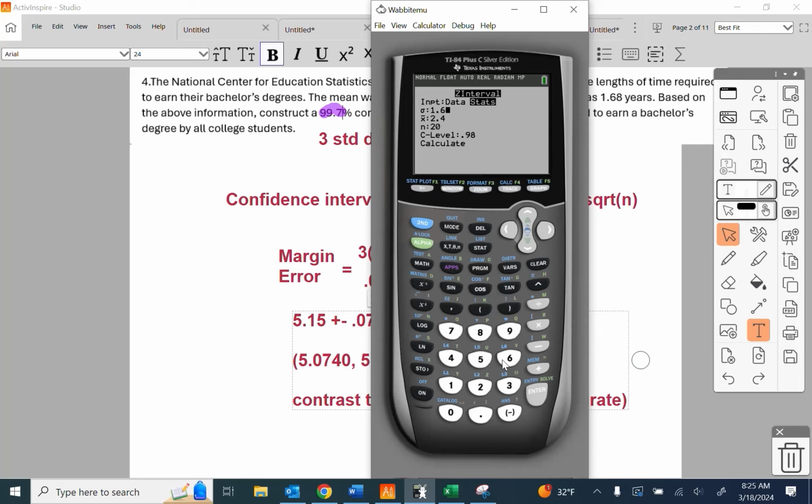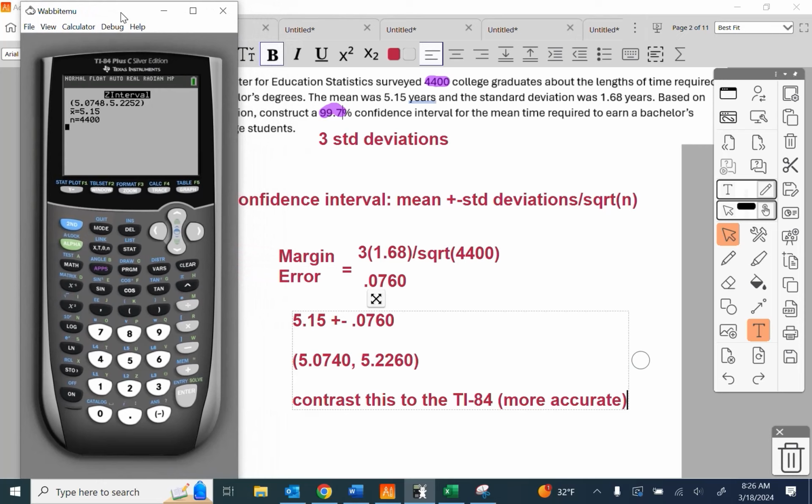If you learned some old school statistics, you'd find why that's kind of interesting. 5.15 was the mean. Sample size was 4,400. And we're doing the 99.7% confidence interval, so 0.997. And then calculate. Close, but again, this is actually more accurate.